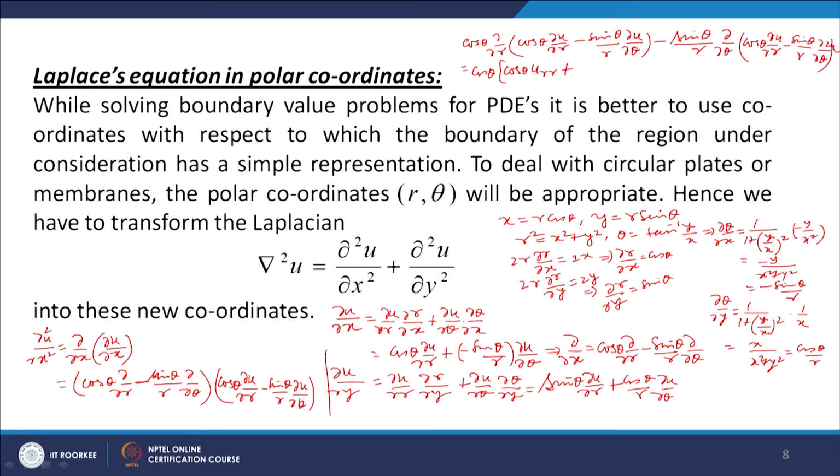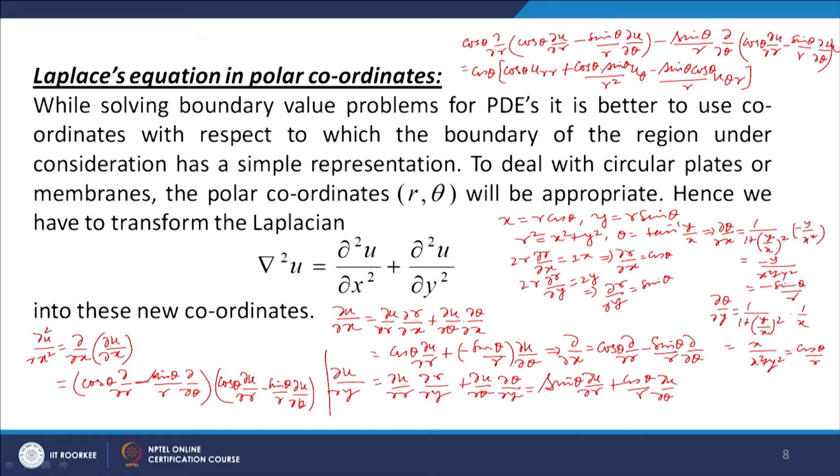So, we get cos θ into sin θ divided by r² into u_θ, and then we apply to u_θ. So, minus sin θ cos θ by r into u_θr. We are differentiating u_θ with respect to r. So, u_θr and u_rθ will be taken as same. We are assuming that second order partial derivatives are continuous. So, this is the expression 1.